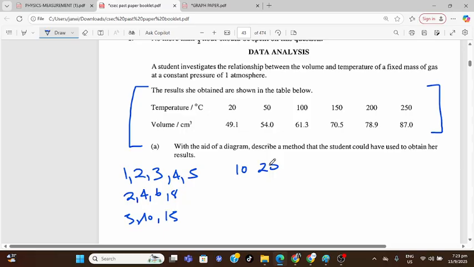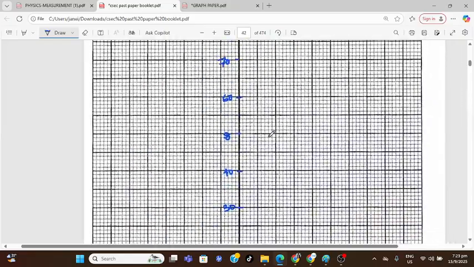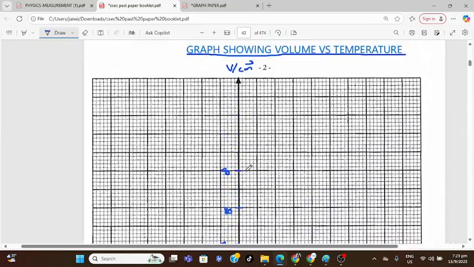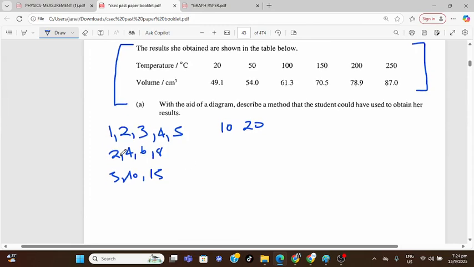I'm going to look at my numbers. These numbers do not lend themselves to that because I cannot reach up to it. If I'm supposed to put 1 on it, it can't reach up to 80. So I cannot pick that scale on my y-axis. These numbers would not lend themselves to 2, 4, 6, 8 either.